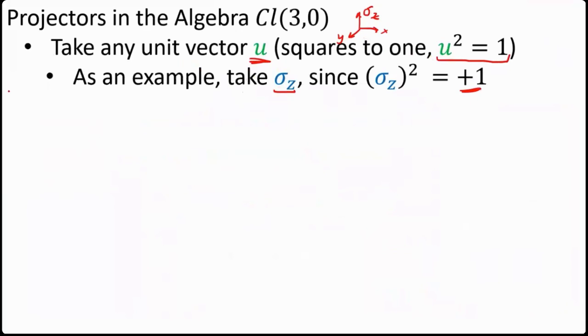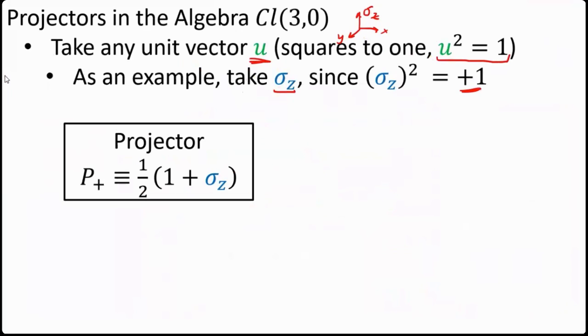We're going to use this to make a projector. This definition here is a projector: (1 + sigma z) times a half. We're going to call that projector p plus.